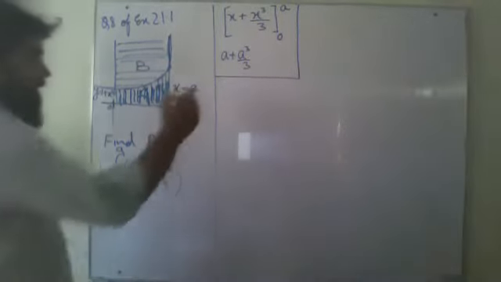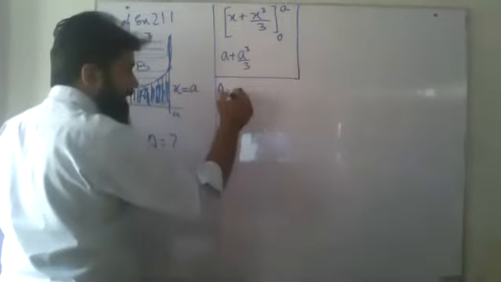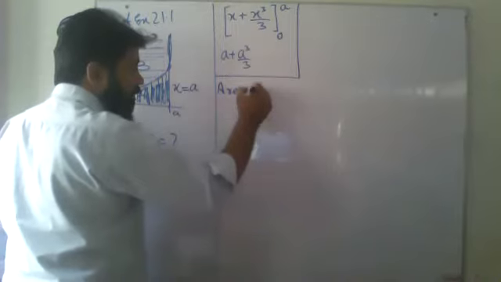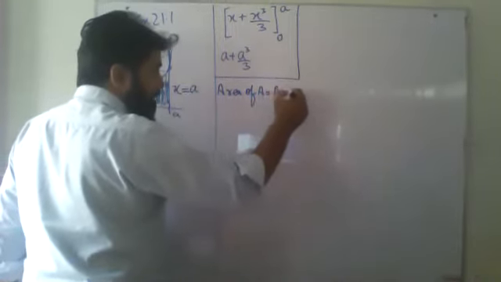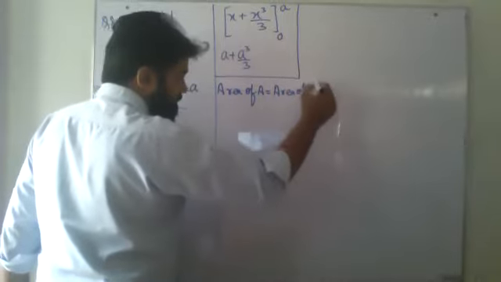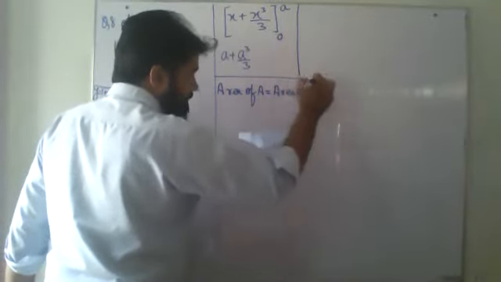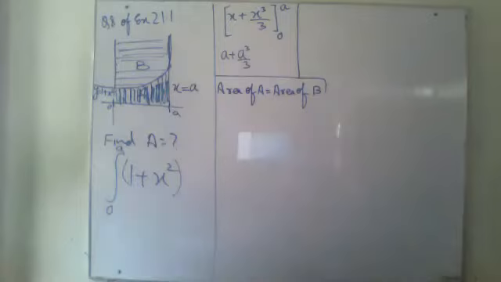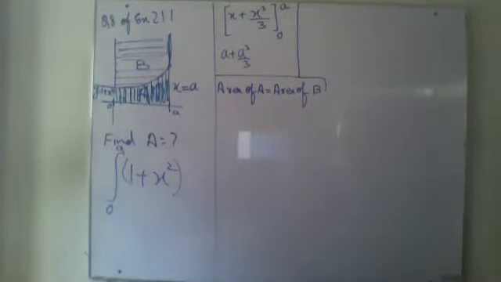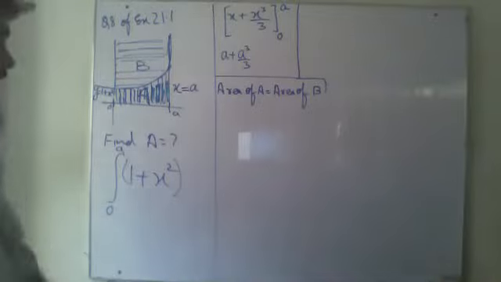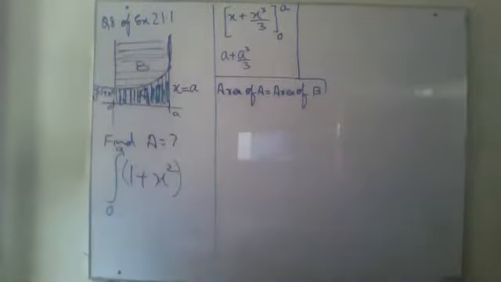It's over here. The next thing is they are saying area of A equals area of B. This is the second part which is given to me, and they are telling us that area of A and area of B are the same.